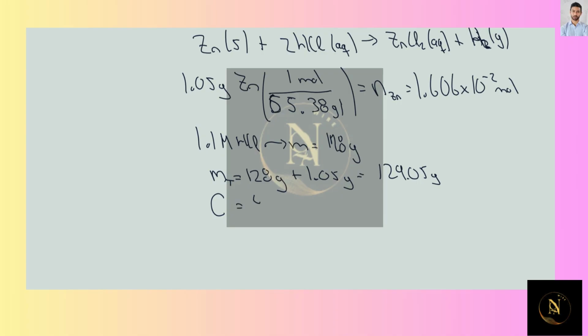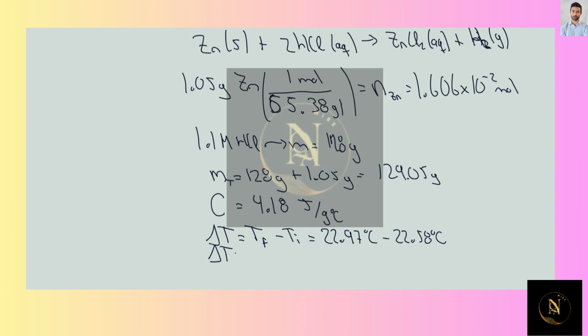The amount of heat that we're going to get is going to be related to the heat capacity. In this case, we're told to assume that it's equal to 4.18 joules per gram degree Celsius, and it is going to be related to the delta T, which is final temperature minus initial temperature. We're told that the final temperature is going to be equal to 22.97 degrees Celsius, and the initial is going to be 22.58.